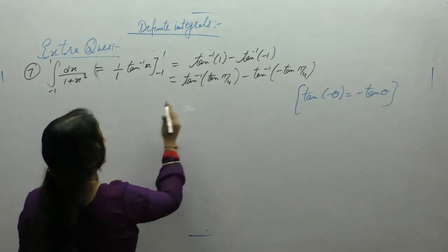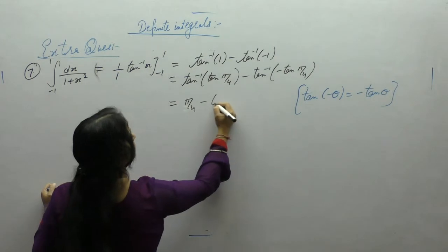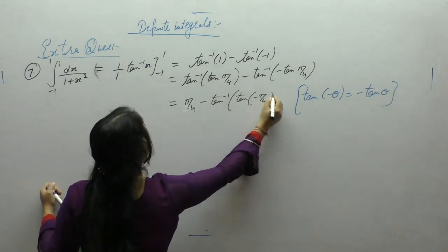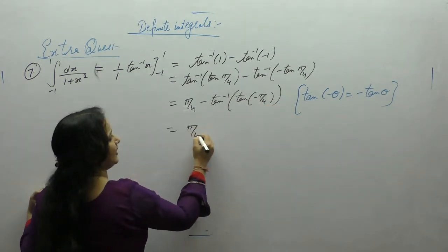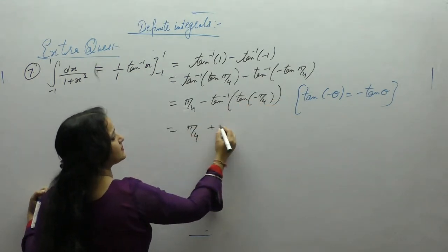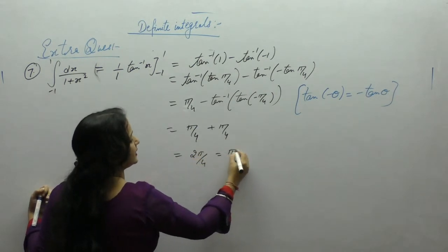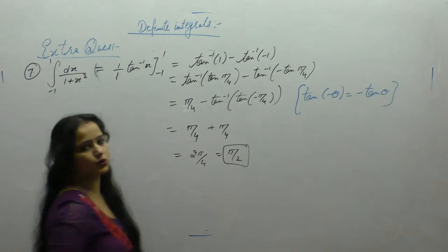So we can write it as pi by 4 minus tan inverse tan minus pi by 4. Pi by 4 minus minus plus pi by 4. 2 pi by 4, that is pi by 2.